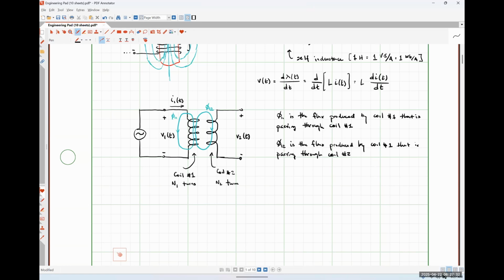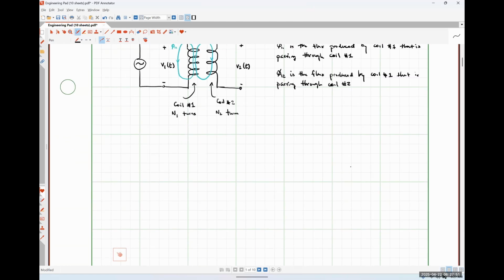So the current I1 is passing through coil 1. It generates a flux that couples with coil 2, and by Faraday's law of induction, a voltage V2 is induced across the coil. So we can mathematically describe this induced voltage V2 as follows, okay? Our voltage V2 is going to be the derivative of the flux linkage for coil 2 with respect to time.